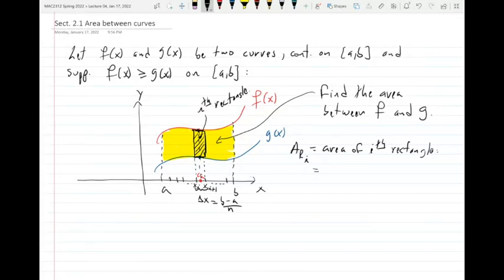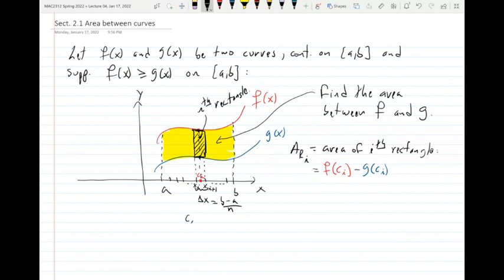So that would be the top value of the function at ci, right? If we're only looking at this little rectangle, the top value, so top minus the bottom. Everybody understand this? That's the height. So that would be f of ci minus g of ci.